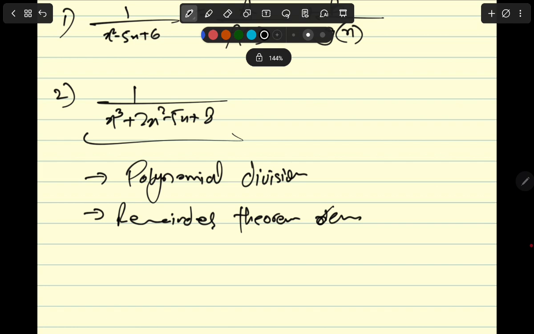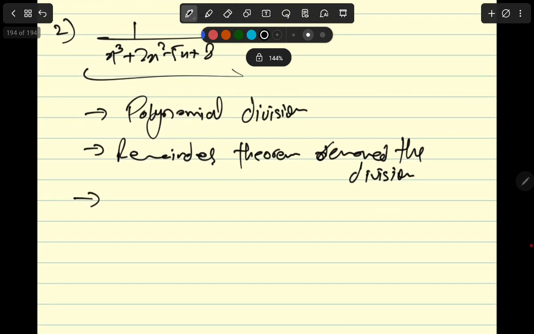It removed the division. You may want to take these down just for recapping purposes and to find the distinction in all these theorems. Factor theorem removed even more work, because when the remainder is 0, it becomes a factor theorem, because it proves that the divisor is an actual factor of the polynomial. A factor exists only when the remainder becomes 0.